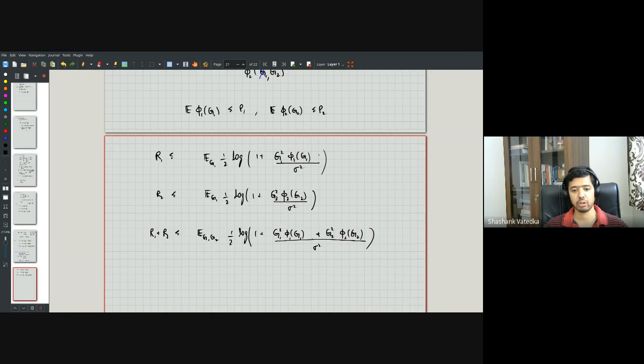So one common approach used for dealing with frequency selective channels is to use something like OFDM, wherein you try to convert your frequency selective channel into parallel Gaussian channels and apply the results of parallel Gaussian channels over there.